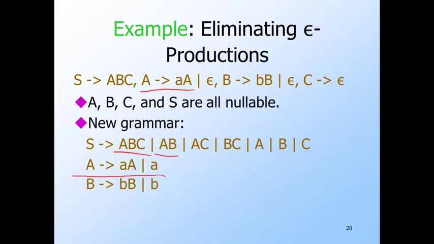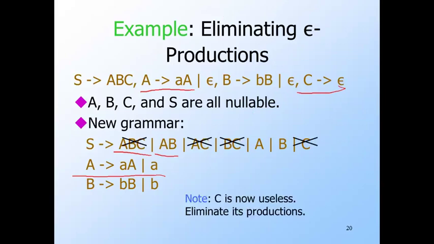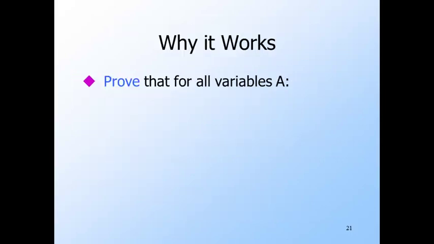The situation for B is the same. However, for C we cannot use the C goes to epsilon production. So in the new grammar, C has no production. That means that in the new grammar, although not in the old grammar, C is useless and must be eliminated. That forces us to eliminate all productions with C in the body, and we are done.